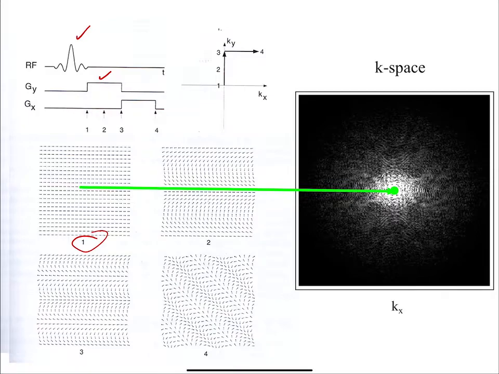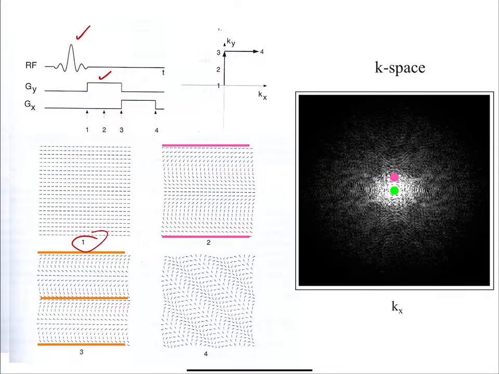At time 2, we've got a period denoted by those pink arrows, and so we're somewhere out in k-space. As we keep playing that gradient, we get more and more spatial variation, the spins get more and more out of phase, and at time point 3 we're farther out in k-space. Each point in k-space, remember, corresponds to a spatial pattern of the spins.